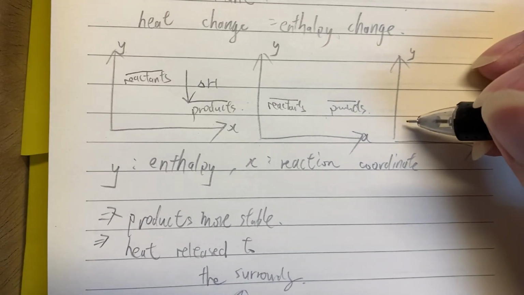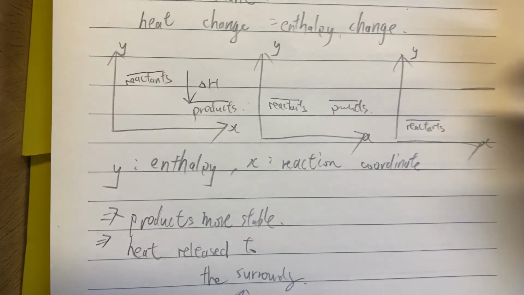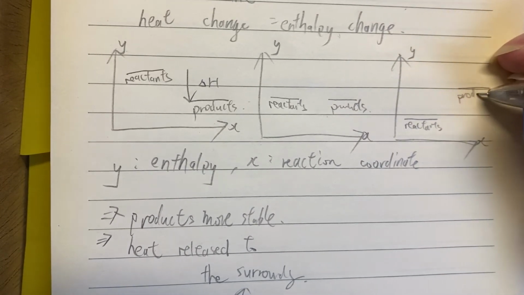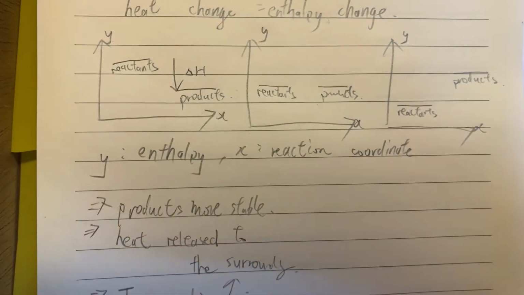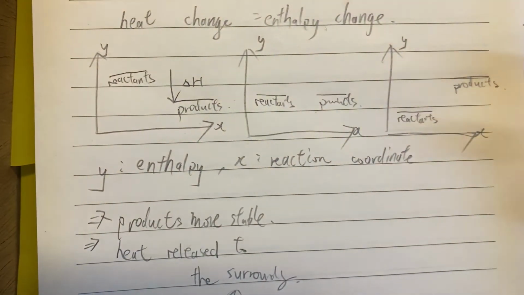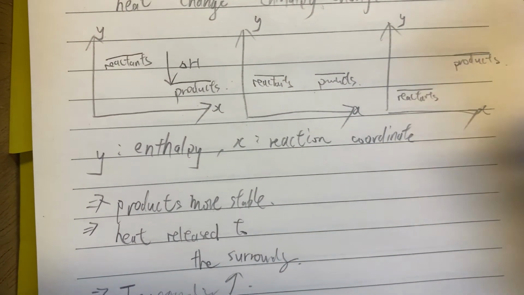And for the third type, the reactant has a lower energy level than the products. And maybe I will introduce the third type of reaction first, in which the product has a higher enthalpy level.